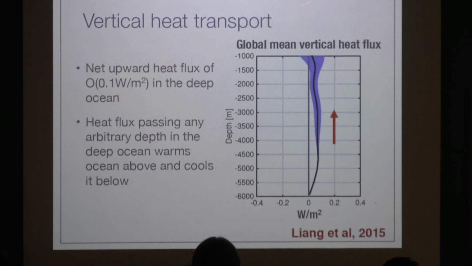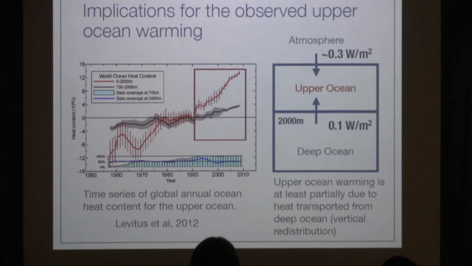So the warming you see in the upper ocean, like here: first of all, you see warming in this time period, and you get heat from the atmosphere, about this number, and you get heat from the deep ocean to the upper ocean with this number.